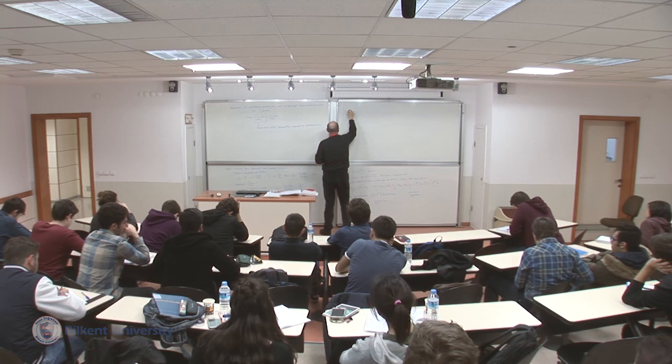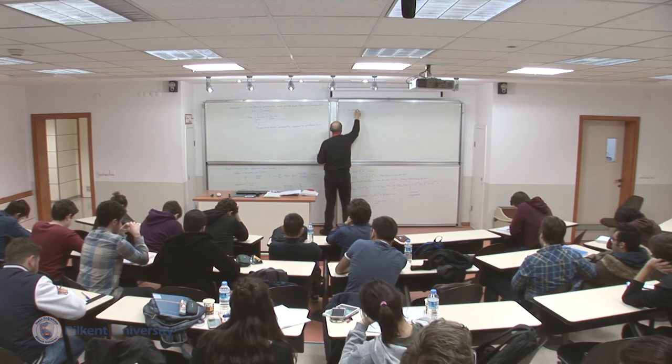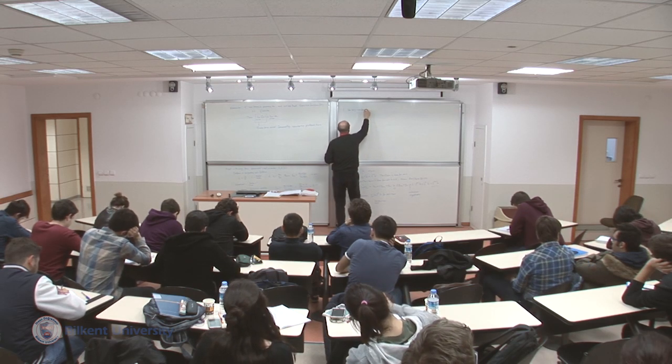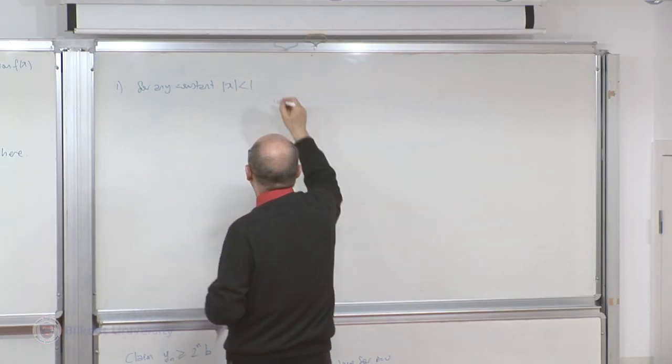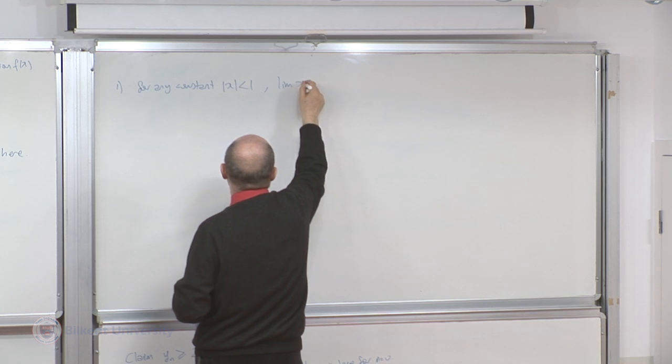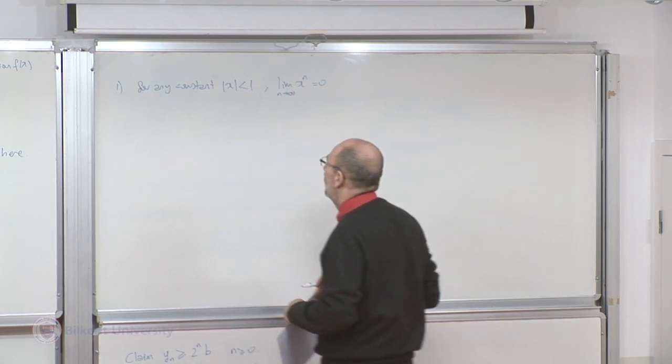So for any constant x whose absolute value is strictly less than 1, the limit of x to the n as n goes to infinity is 0.